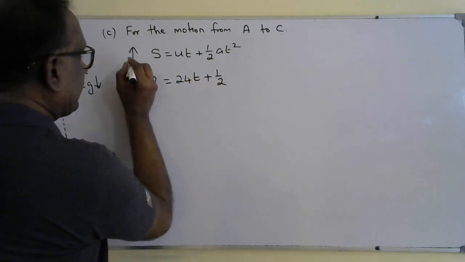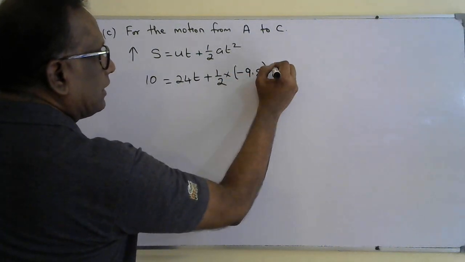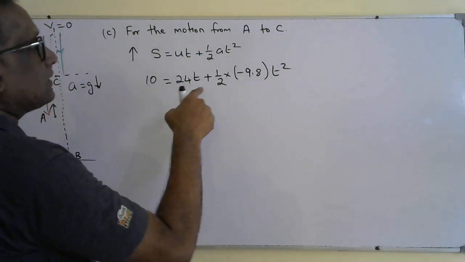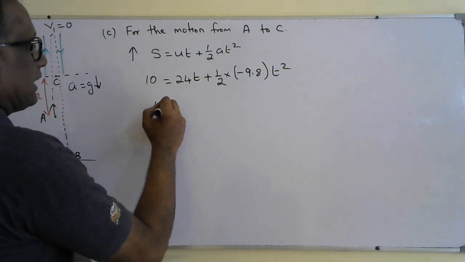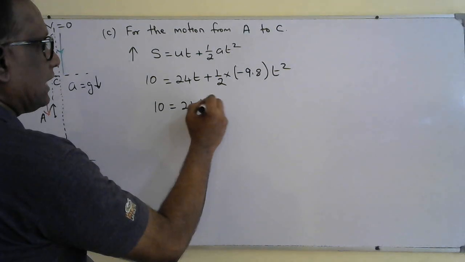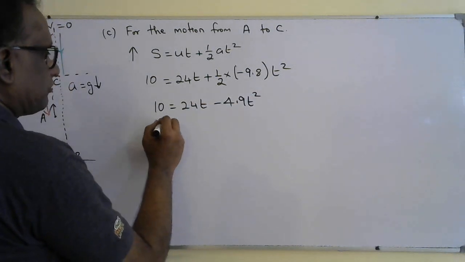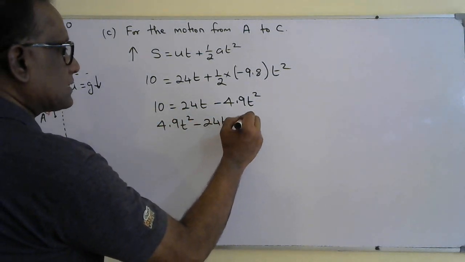So taking upward positive, it should be minus 9.8 T squared. Now rearrange it. So 10 equals 24t minus 4.9 t squared. So 4.9 t squared minus 24t plus 10 equals 0.